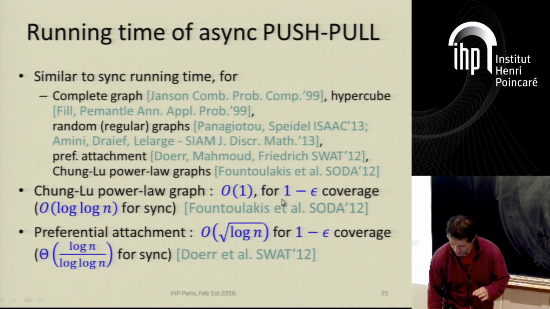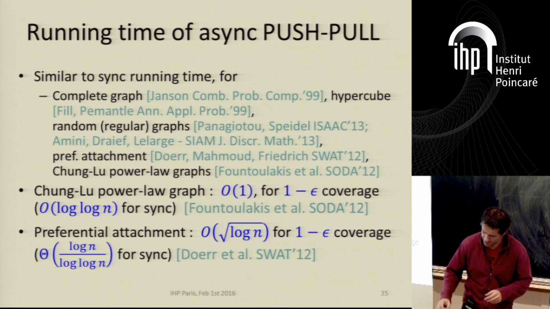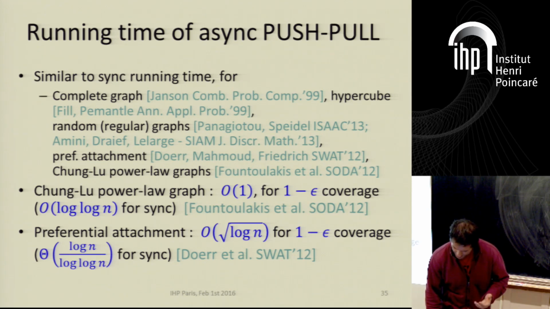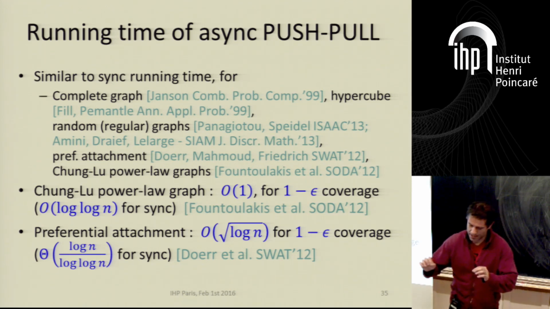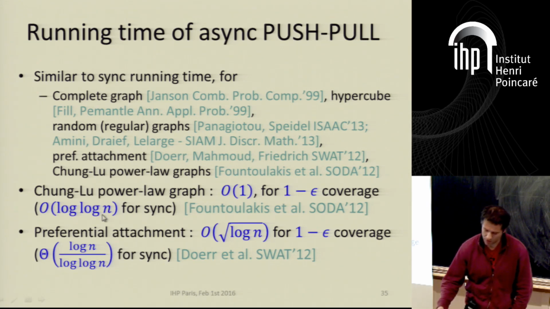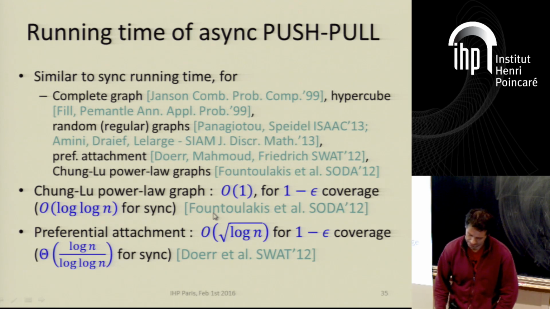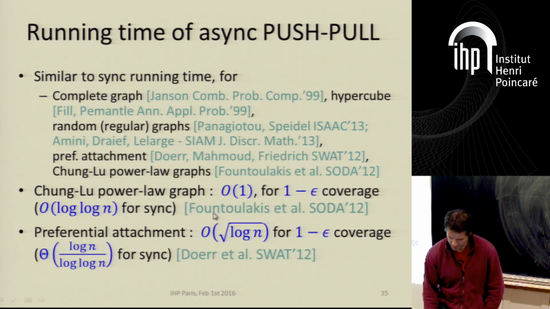Although they don't consider complete coverage, they consider the problem of informing a 1 minus epsilon fraction of nodes. For the case of this graph here, this takes only a constant number of rounds in the asynchronous protocol, and like log n for the synchronous protocol, and similar gaps exist for other types of graphs.